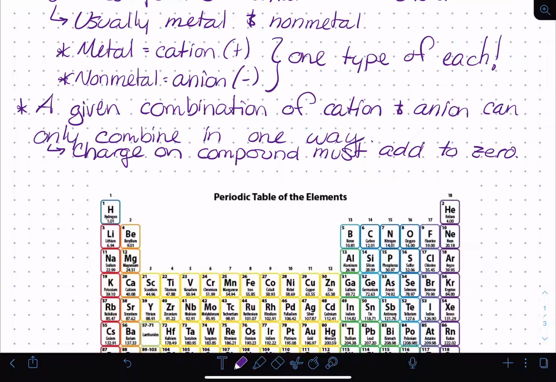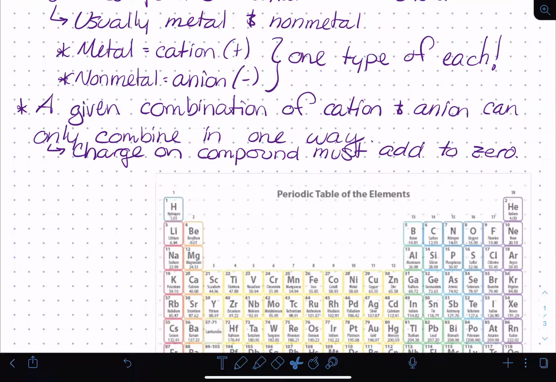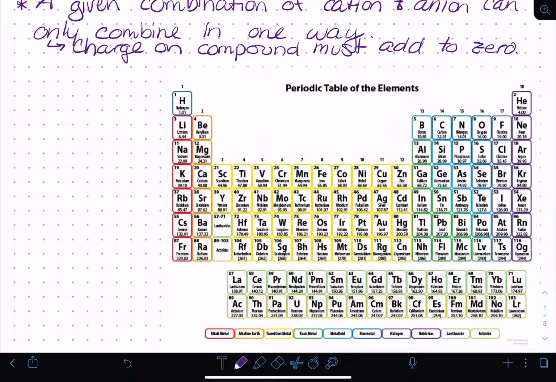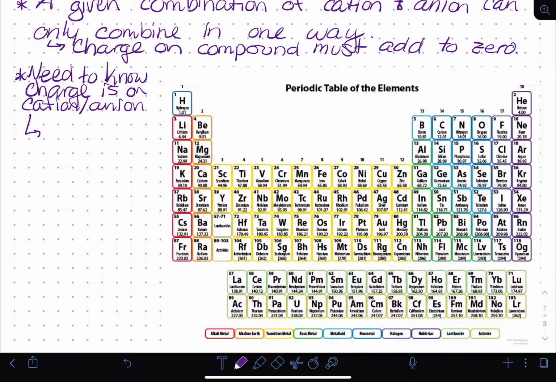So we're going to need to know what the charges on our ions are. But thankfully, we can predict that from the periodic table. So we always need to know what the charge is. That's always something you need to be aware of on your cation and your anion. But we can predict it from the periodic table.